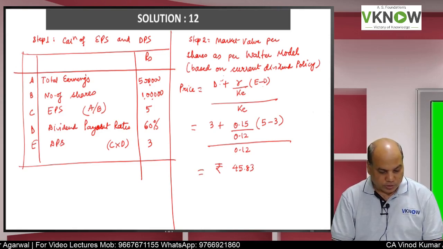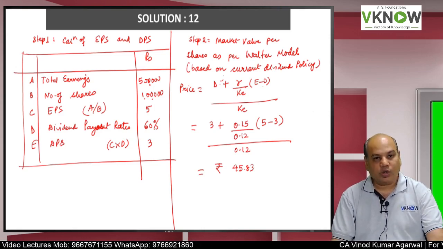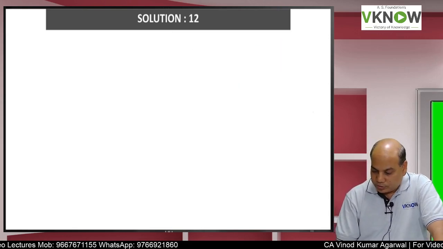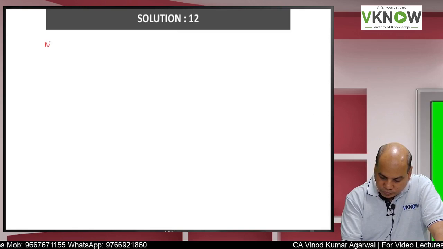Answer is not over. The second question is, what is the optimum dividend payout ratio and what is the market value at that payout ratio? For that I first have to write a note here. Note.